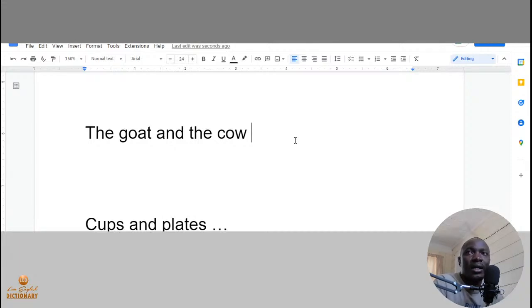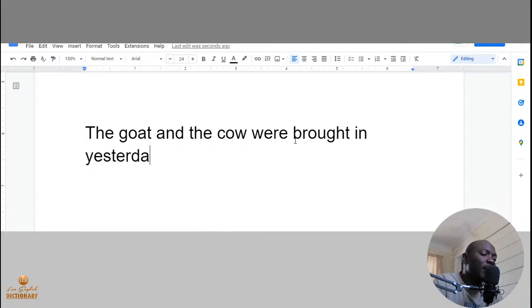A good example would be the goat and the cow were brought in yesterday.